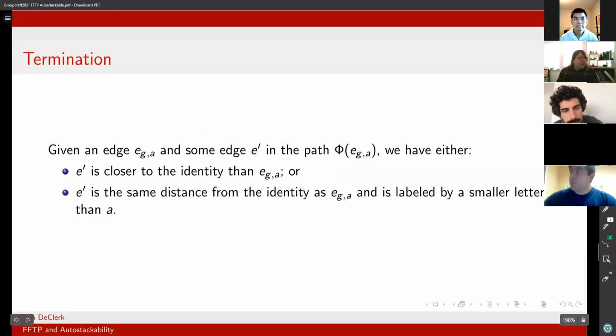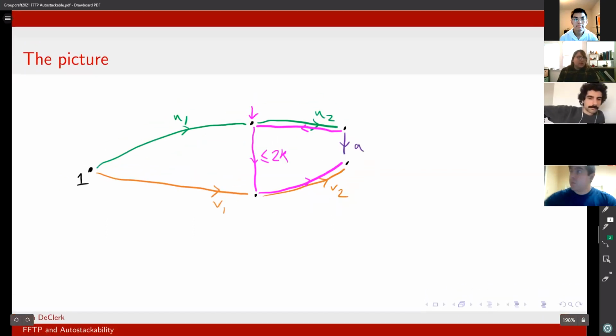All of the edges along this pink path are closer to the identity, with the possible exception of the very last edge along V2. That last edge might be the same distance as this A edge that we started with, but it's going to be lexicographically smaller.